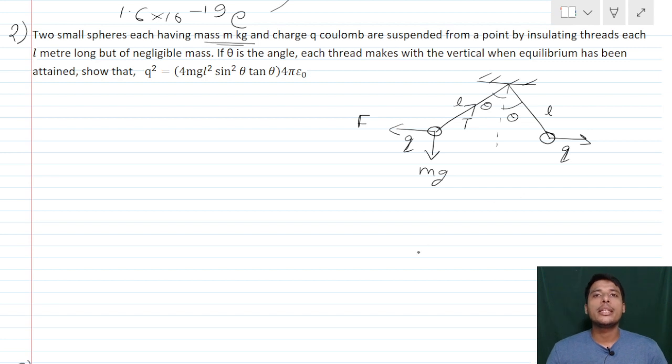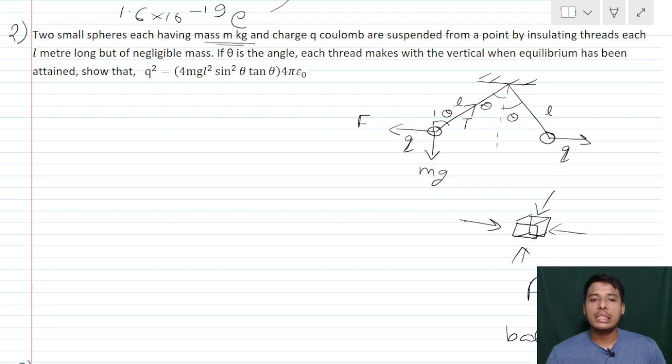So what do we mean by equilibrium? Suppose I place a box here, how can we say the box is in equilibrium or the box is at rest? That means whatever forces are applied on the box, the net force will be zero, or it is balanced. Similarly, if I draw the same figure here, then this angle is theta. Similarly, the parallel angles, so this angle is also theta.